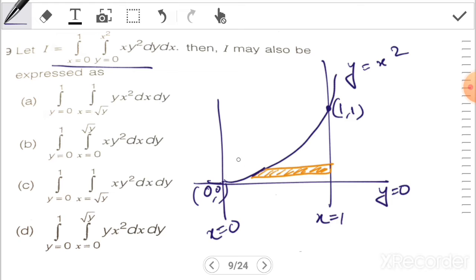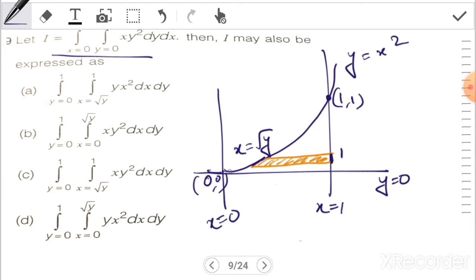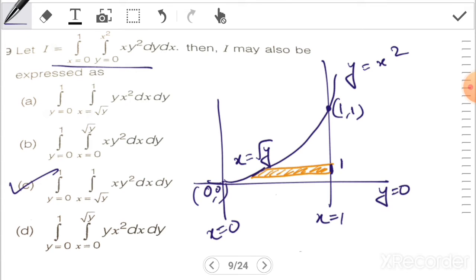So x is equal to root under y, and x is varying from root under y to 1. So this point lies on x is equal to 1, and y is varying from 0 to 1. So obviously the answer is C. Right? Let us go to the next problem.